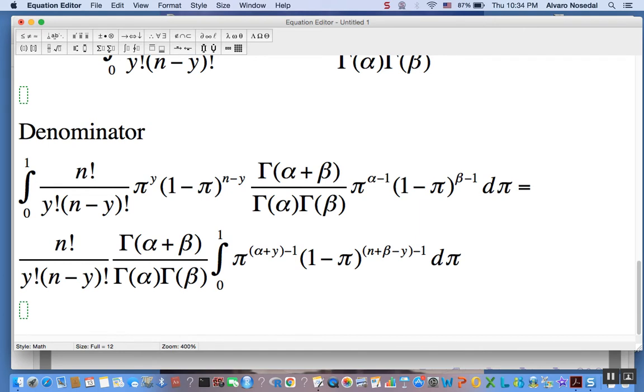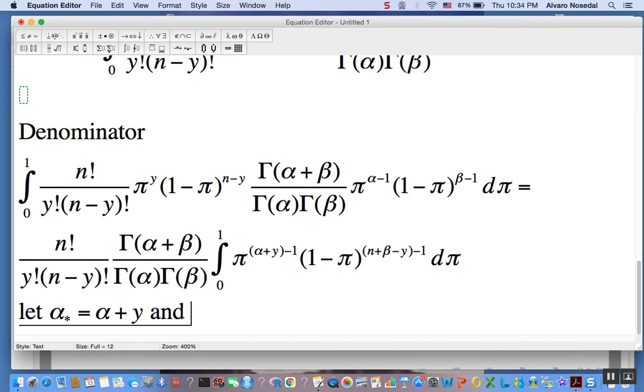Okay. So now let me make a little change of variables here. Let me introduce an alpha star. And alpha star is going to be alpha plus y. Okay, so the parameter from the prior.